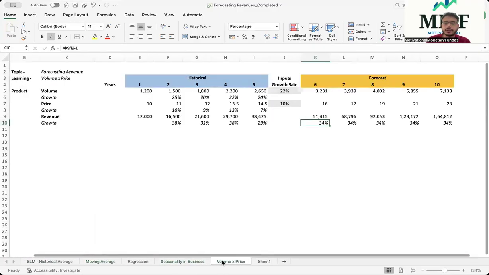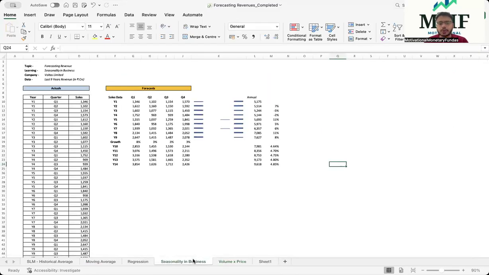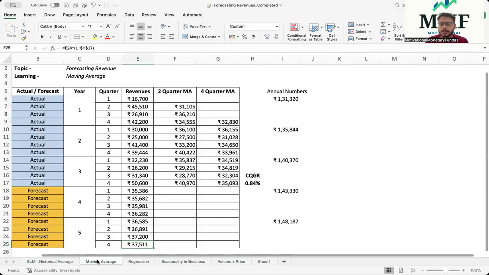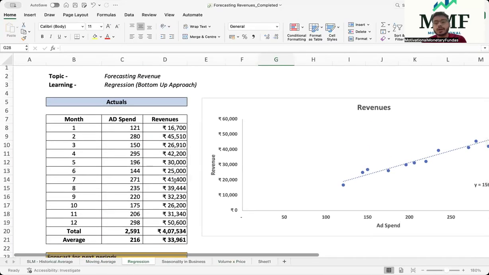So I will not talk about this much. These things you can learn from my modules. There is nothing very complicated here that I need to make you understand. It's linked to these two methods only. But this method is regression, very popularly used. Regression is very commonly used in the market.